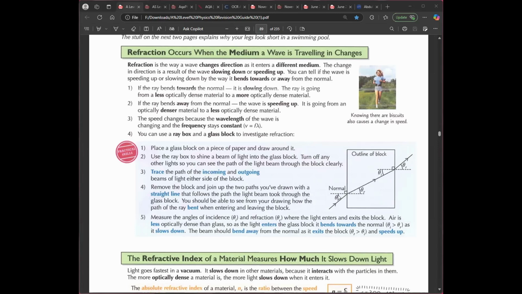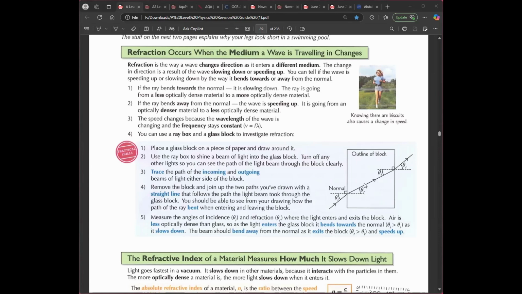Let's just assume, makes it easier. So this is the incident angle, and on the other side you have the refracted angle that it makes with the normal. Now what we know is when light travels from an optically less dense material to an optically denser material, the light will move towards the normal, which means that incident angle will be greater than the refracted angle.